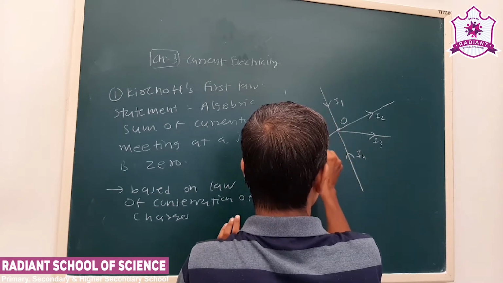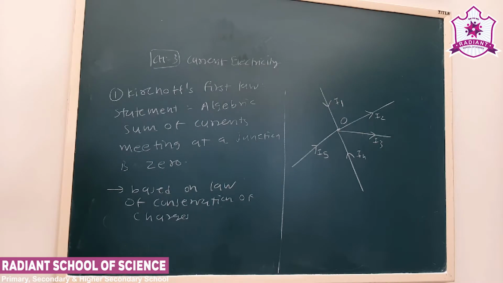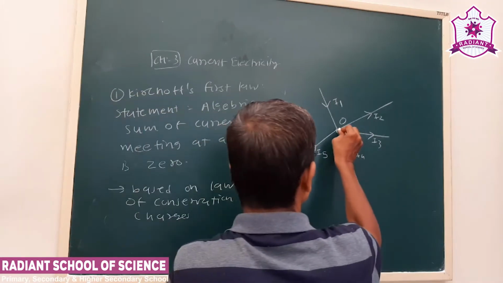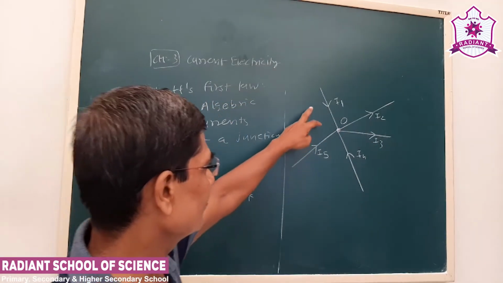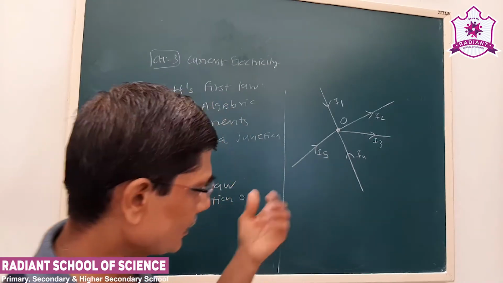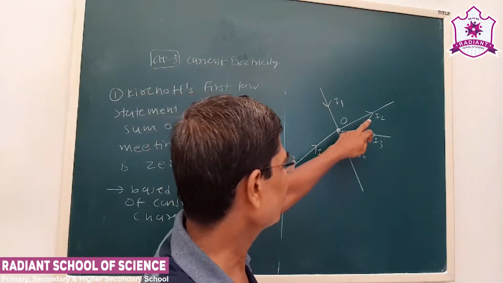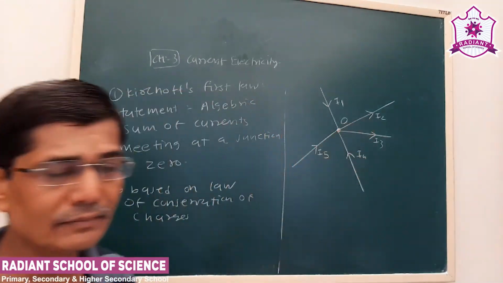We can take any arbitrary circuit to understand this. Here, O is the junction. Currents I1, I4 and I5 are coming toward the junction, and currents I2 and I3 are moving away.